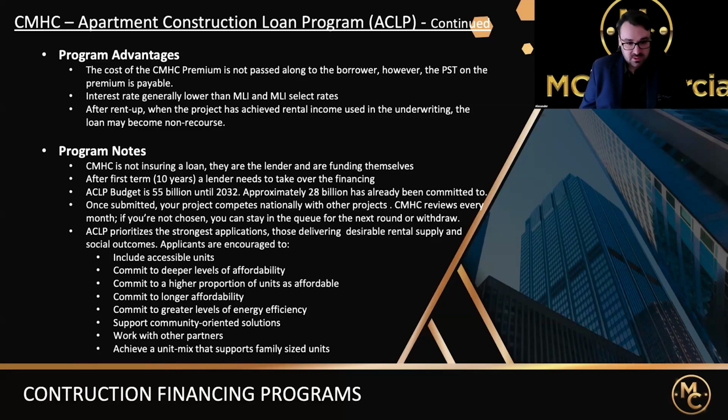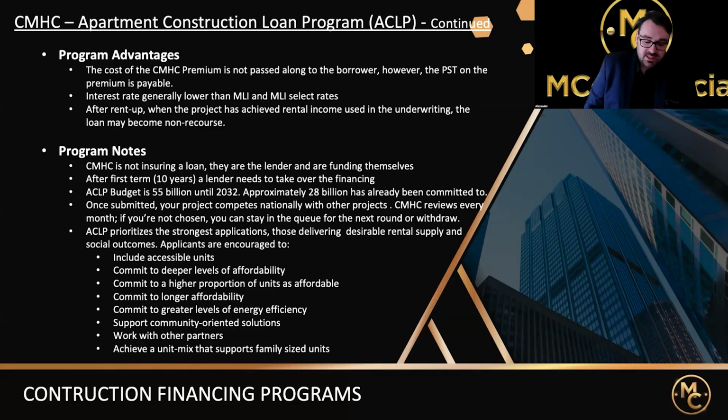So every 30 days, CMHC goes through every request received, and they'll pick the top ones received for that month. If you're not picked, you can decide to stay in for the next month, see if now you're better than whoever is left plus the new ones, or you can withdraw and apply in a different program. You can't apply in multiple programs at the same time. CMHC will just cancel both and tell you to pick one.